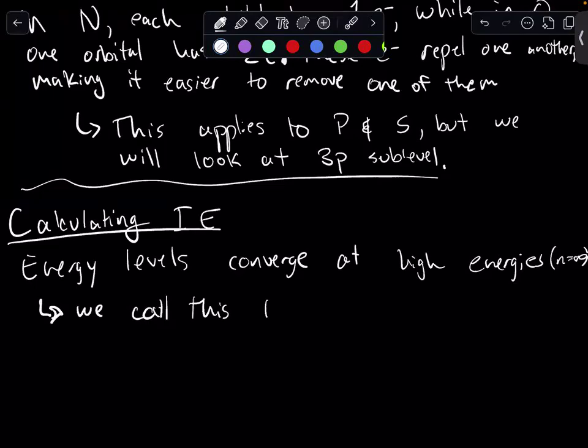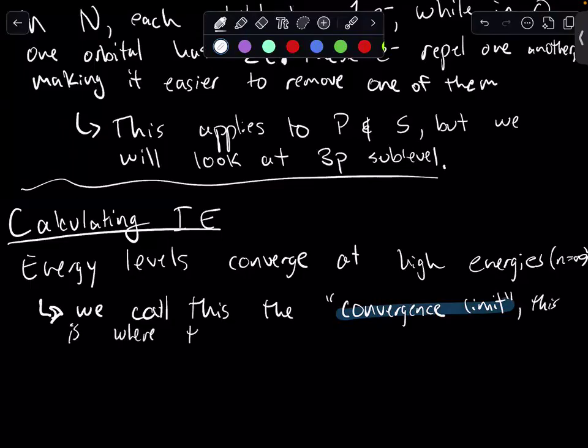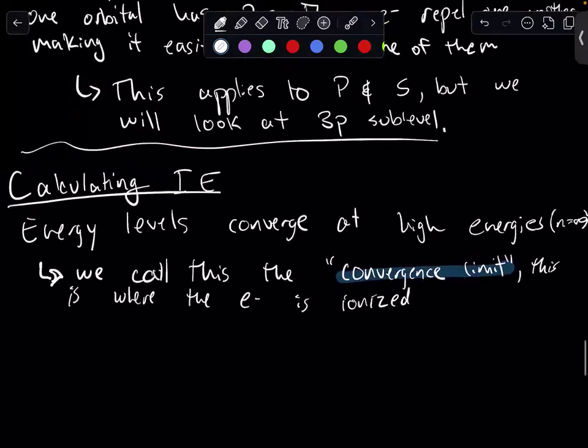So what does that mean? Well, this is where the electron is ionized. It's a bit of review from what we wrote before, but that's where we have moved the electron past the pull of the nucleus or the nuclear charge.